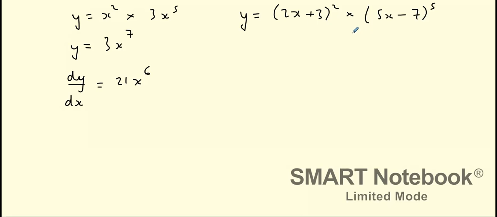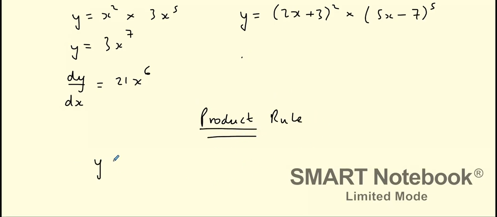And that's why there is a method in differentiation known as the product rule. And so what is the product rule? Product rule allows you to find the differential of a product, essentially, when two things are multiplied.